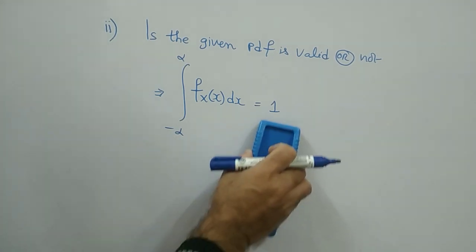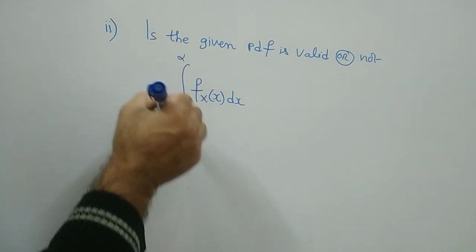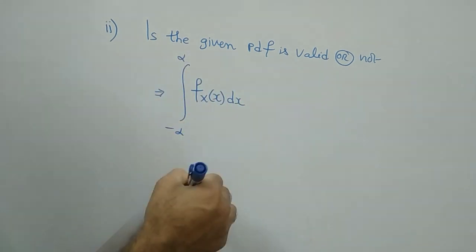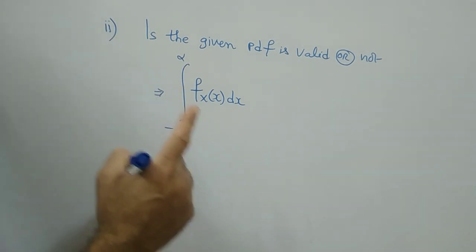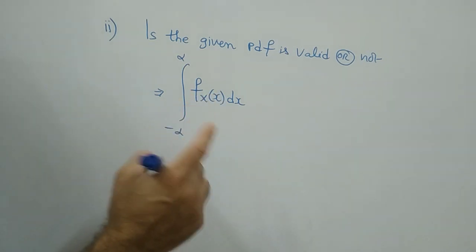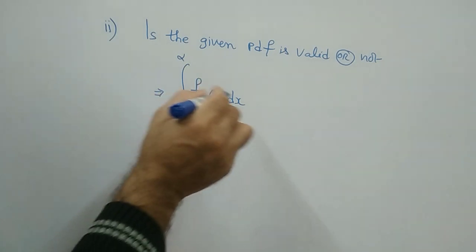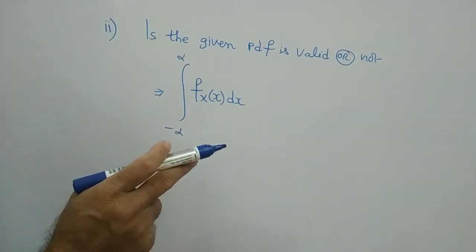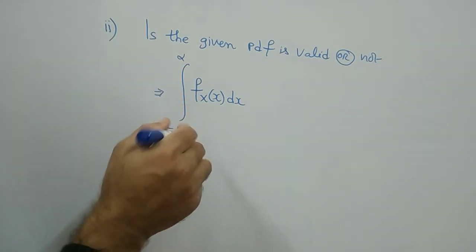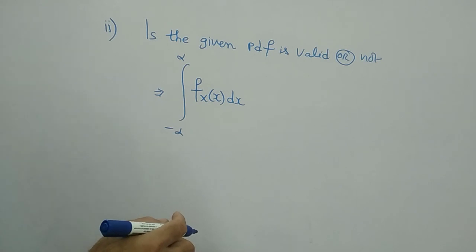But in order to find out the validity of the given distribution function, we need to evaluate this integral and see whether your answer is 1 or not. Only if the integral of f of x dx is 1 can you say that the given density function is a valid density function. Otherwise, if you get some value other than 1, it is not a valid function.